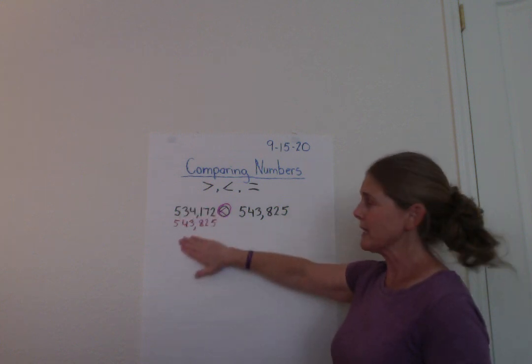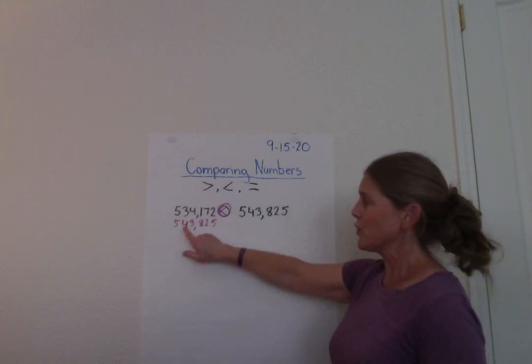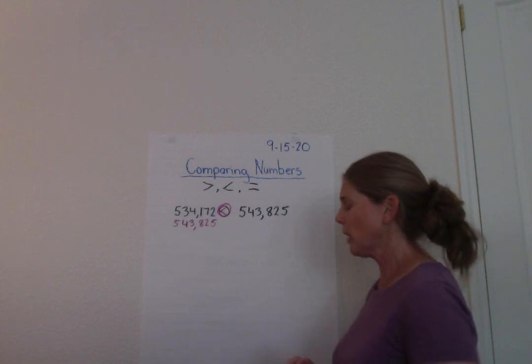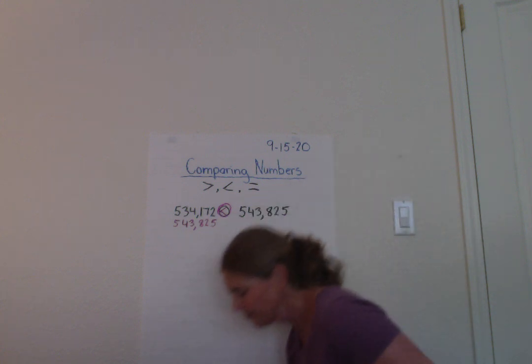I hope this helps. I hope that you can see the places, and as soon as you find that larger digit, you know that's the biggest number. Let's try another one. Here we go.